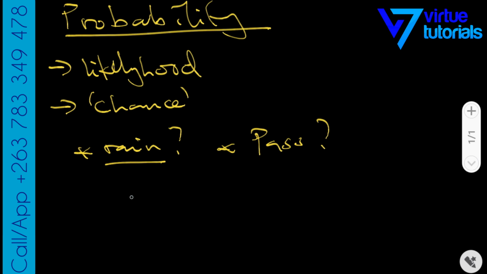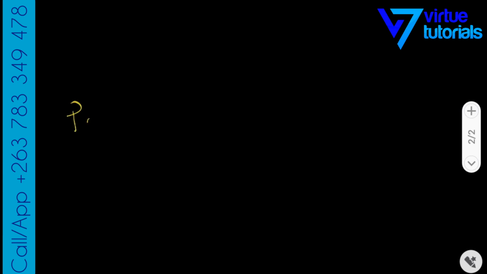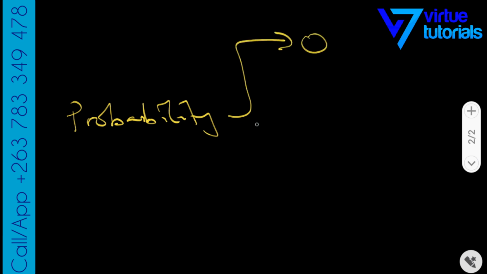Okay, so now for our probability, we have a simple scale. Probability values start from 0 and they end at 1. So you need to understand you cannot get a probability value that's less than 0, and you cannot get a probability value that's more than 1.